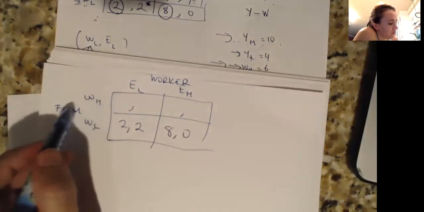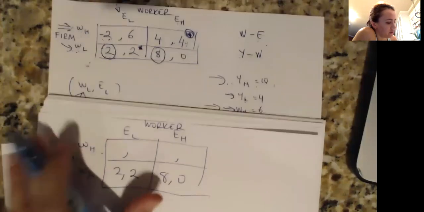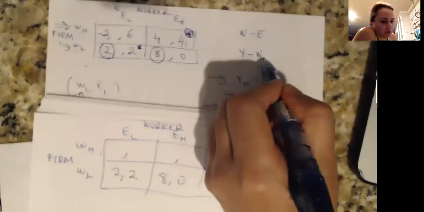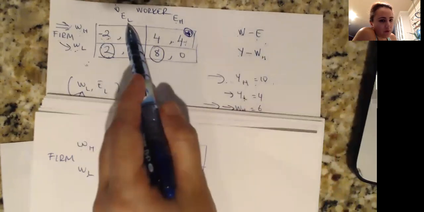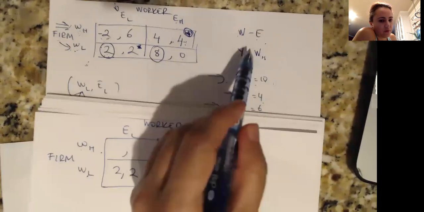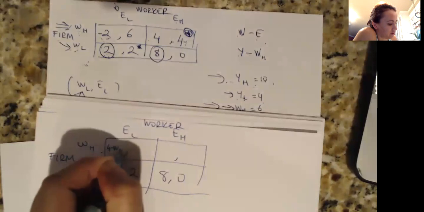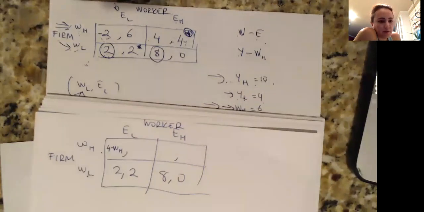So if the firm pays WH here, and the worker shows low effort, the outcome is going to be 4 low. So 4 minus WH is going to be the firm's payoff.